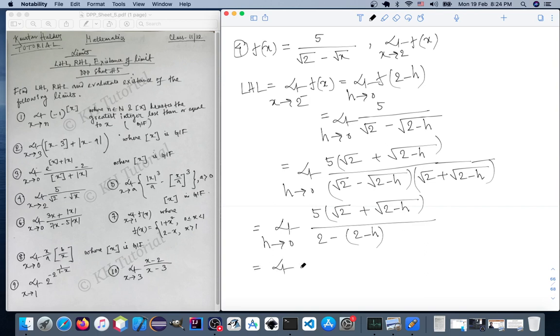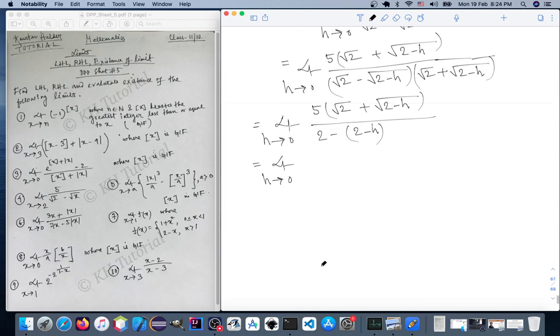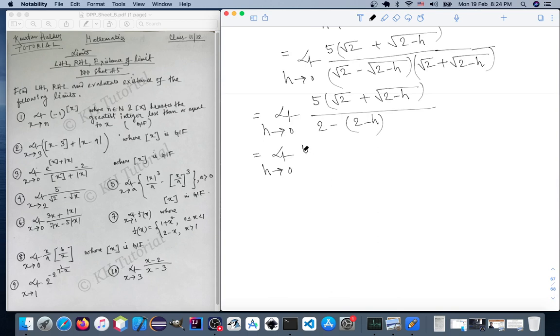This is the limit h tends to 0 of 5 times (root 2 plus root of 2 minus h) divided by h.